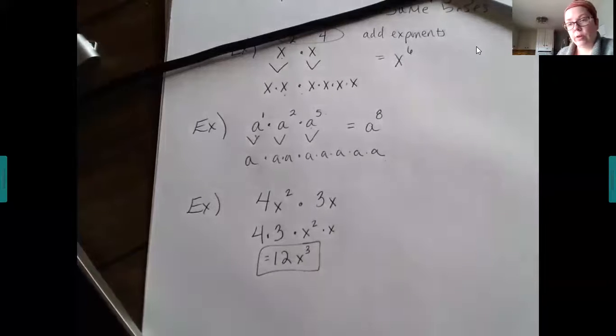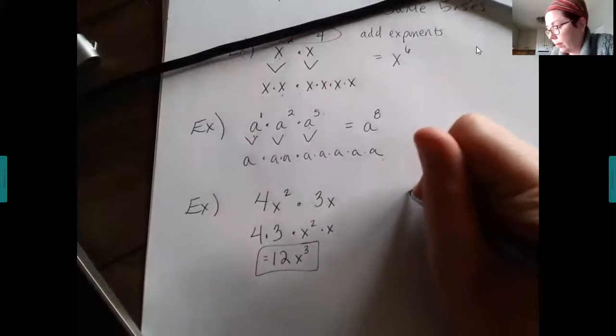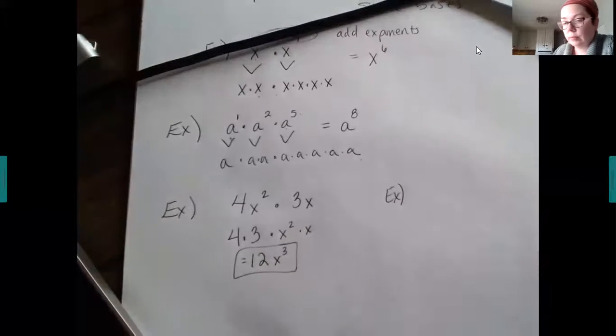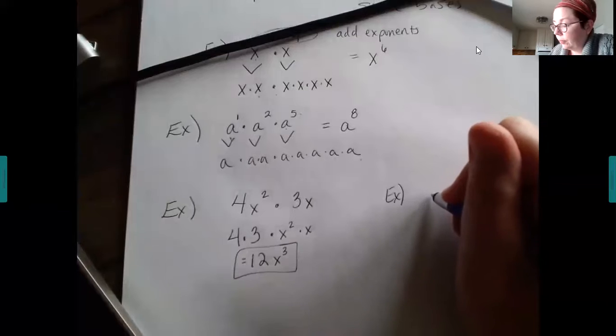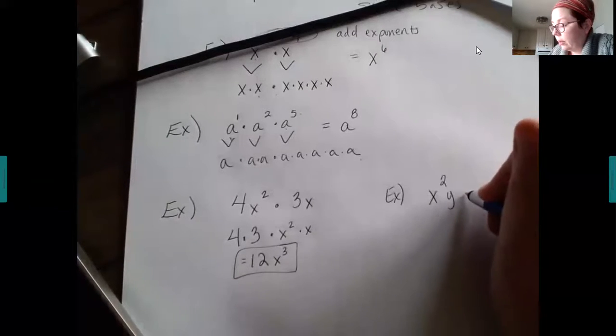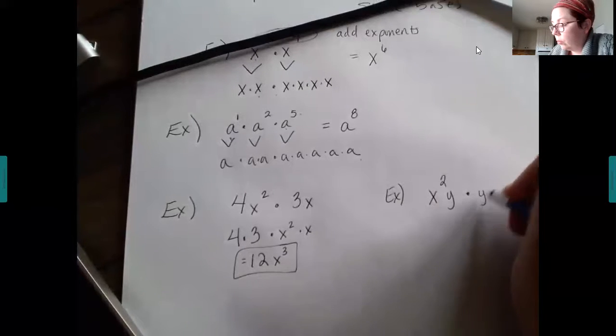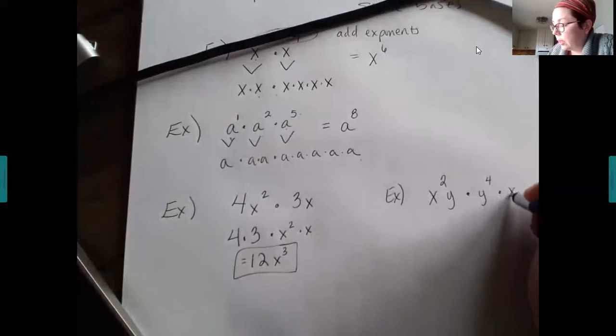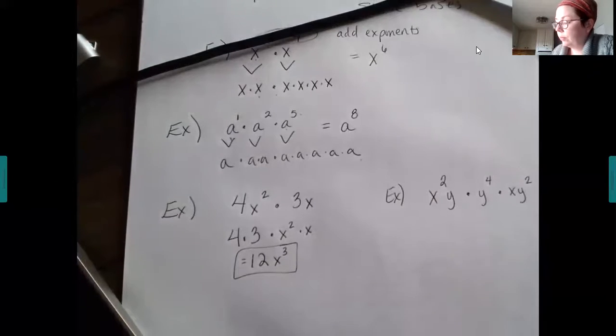Sometimes we might have more than just one variable. So we might have something that looks like this. Let's say we have x squared y times y to the fourth times xy squared. Kind of all of a sudden we have more letters, but just think of it, x's go with x's, y's go with y's, okay?